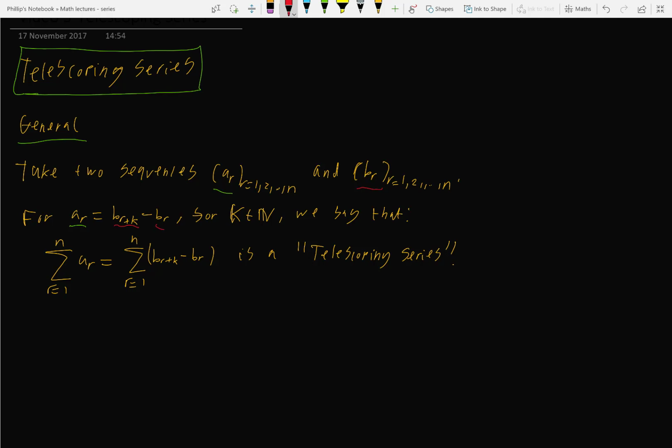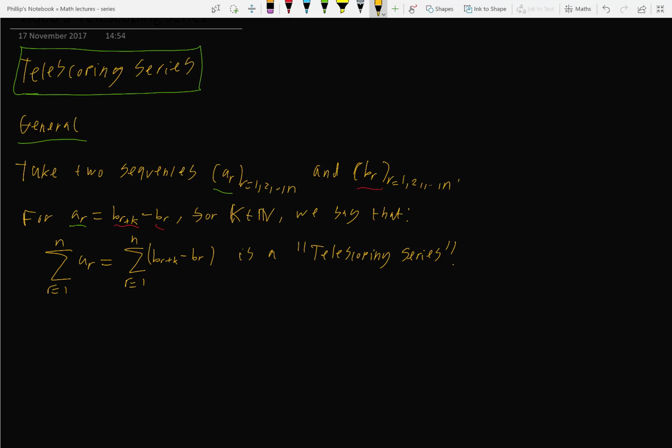So we're defining one sequence as two terms in another sequence being taken away from each other, and that leads us back to the definition of what a finite sequence is, which I did in the first video. You can define one function by the addition and subtraction of other functions, and A_R and B_(R+K) minus B_R are just functions.